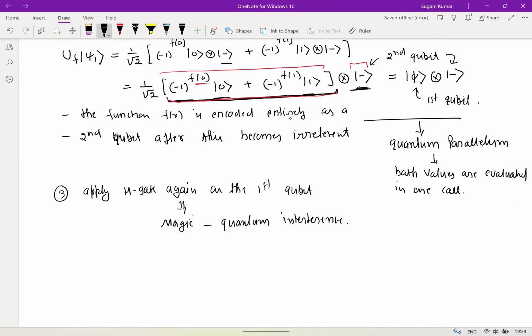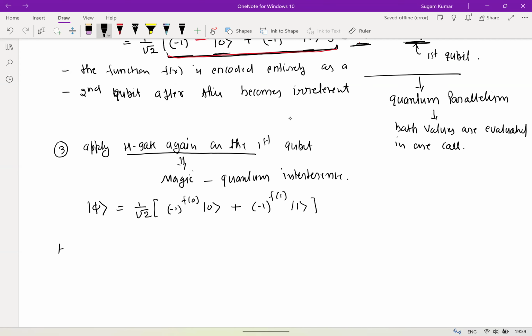Yeah, please. So now we're going to apply the H gate on the first qubit, this phi state. Let me write phi first. So phi is 1 by root 2 times (minus 1)^f0 |0> plus (minus 1)^f1 |1>. This is the state you have.